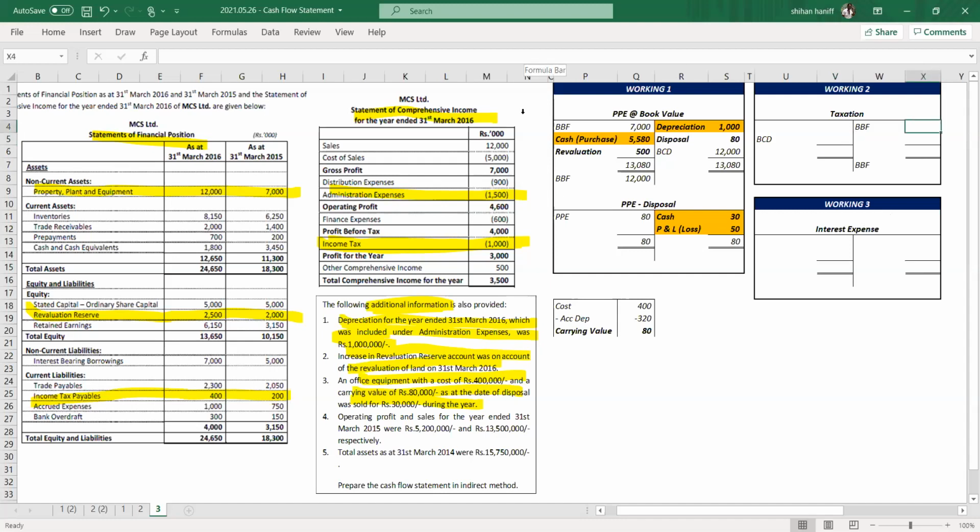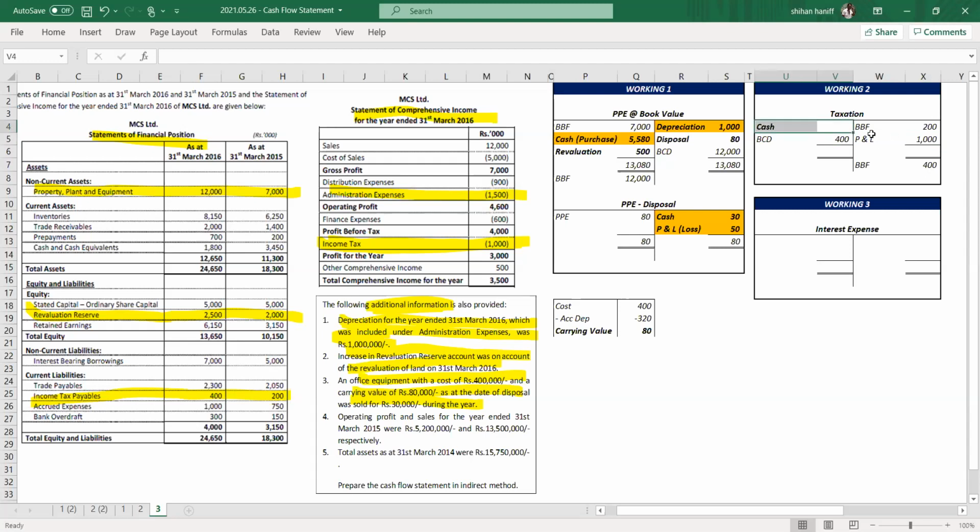Opening balance is 200. Closing balance is 400. Profit and loss 1,000.